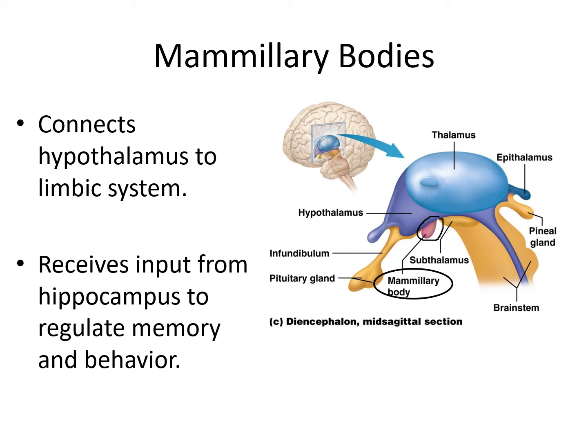So we mentioned the thalamus is like the grand central station, and it's no different with the hypothalamus, and it connects to the thalamus through the mammillary bodies. And it also receives input from the hippocampus to regulate memory and behavior. If you remember from the previous lecture, we mentioned the hippocampus and its role in memory.